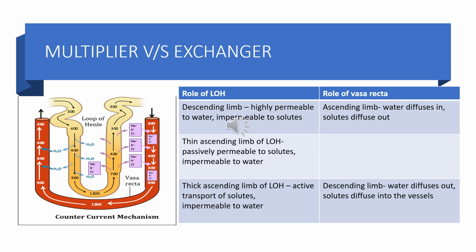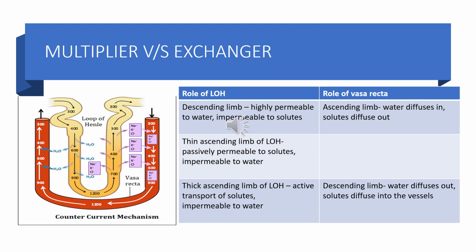Adjacent to the thick ascending limb of loop of Henle lies the descending limb of vasa recta, where the water diffuses out of the vessels and solutes diffuse into the vessels. And the ascending limb of vasa recta lies adjacent to the descending limb of loop of Henle, and here the water diffuses into the vasa recta and solutes diffuse out of the vessels.